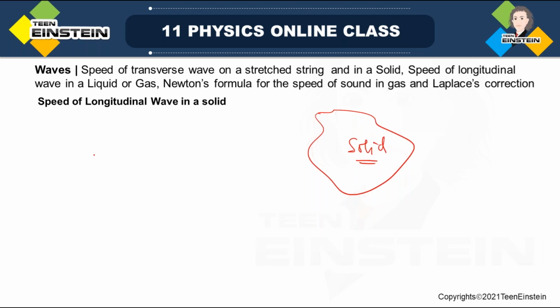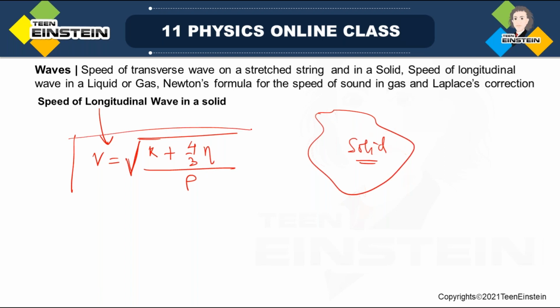Because for an arbitrary solid, the velocity of the longitudinal wave can be written as the square root of kappa plus 4 by 3 into eta, divided by rho. So this is for a general solid.